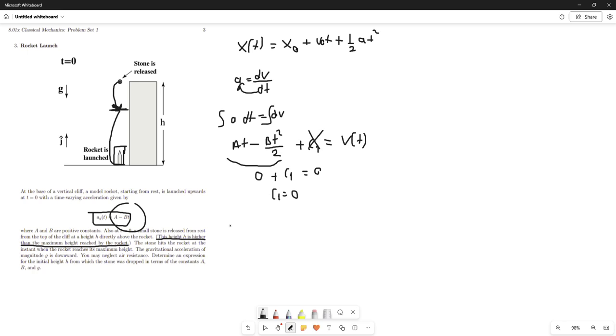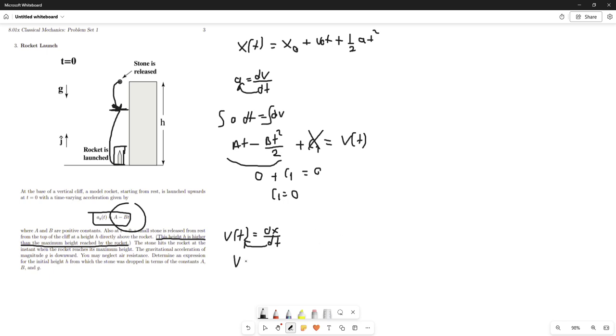Then guys, we should keep going to find the location function. We write velocity of t equals dx divided by dt, and to isolate dx, we move the dt to the left side.